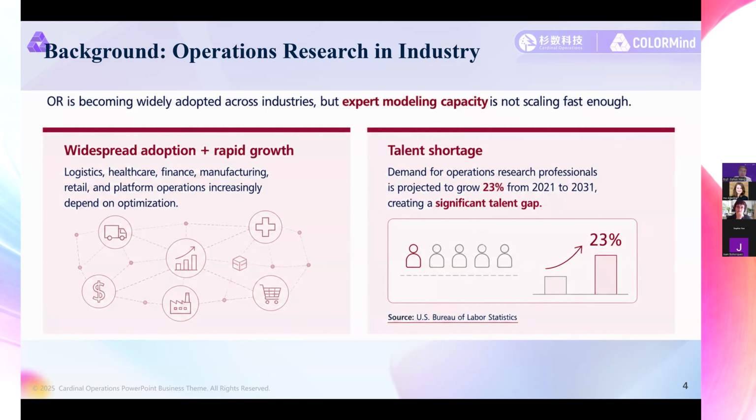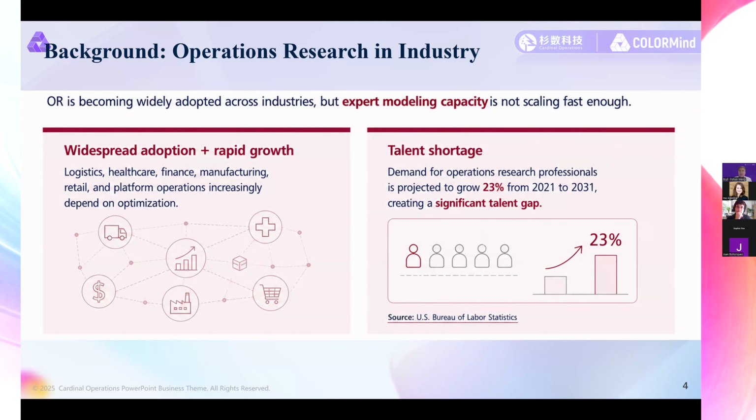But my original area of expertise is operations research, which of course I assume a lot of attendees today are familiar with. OR is very useful in practice, but it's also very hard to use in practice, because it needs a very high level of expertise to build the optimization model, or OR model, and also to solve those problems.